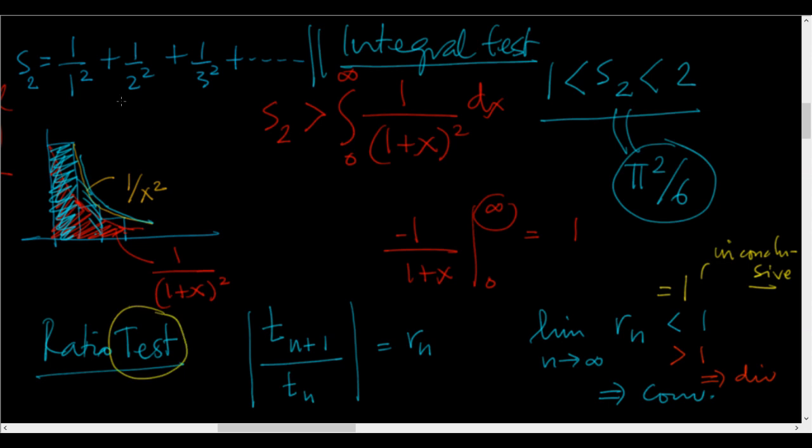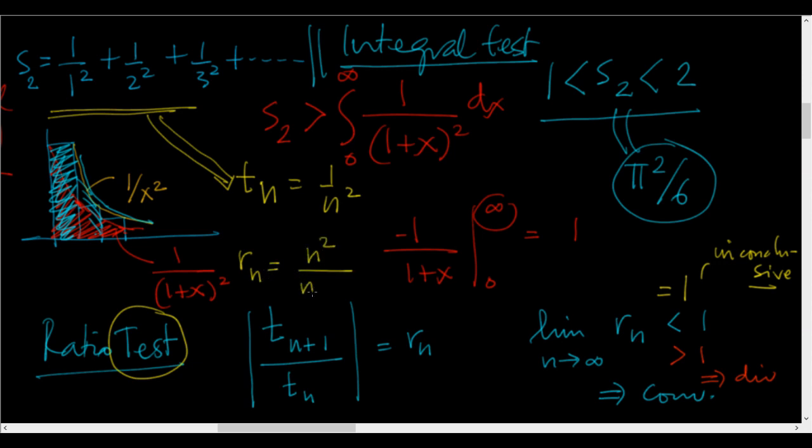Now when you look at these series, they are sort of weakly convergent series. So what happens here is I have Tn equal to 1 by n square, and so Rn is equal to n square by n plus 1 square, which is equal to 1 over 1 plus 1 by n, squared.